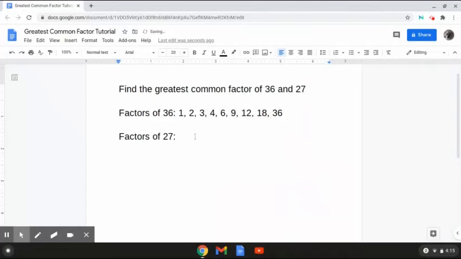And the factors of 27 are 1, 3, 9, and 27. So it looks to me that the biggest number that falls between the two is 9. Therefore, the greatest common factor of 36 and 27 is 9, because it is the largest number that falls between the two. And that is how to solve this problem.